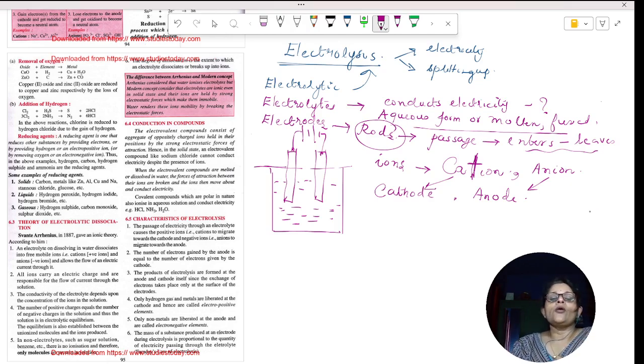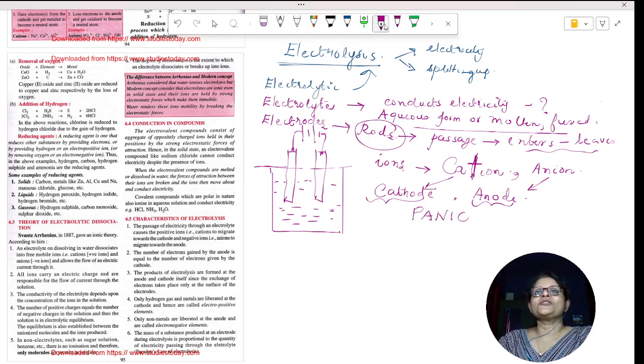Now our question is, what is the sign on the cathode and anode? Is the cathode a negative electrode or a positive electrode? You will usually have some problem in remembering that, but do not panic.